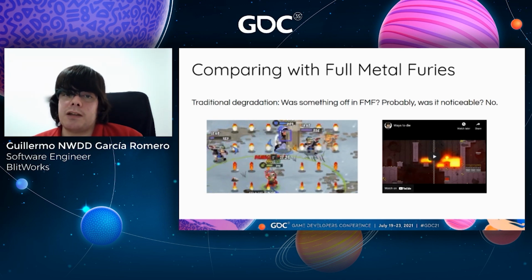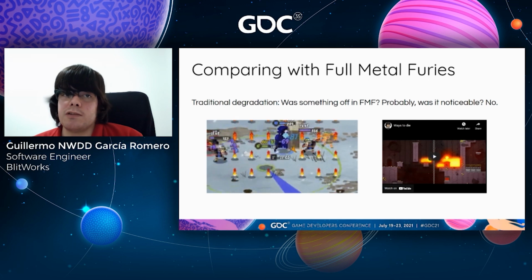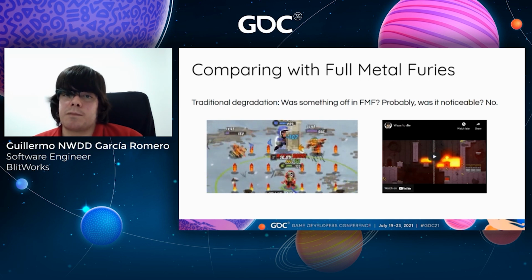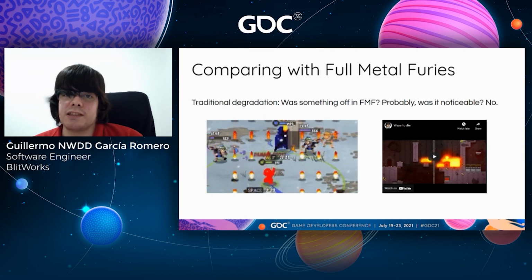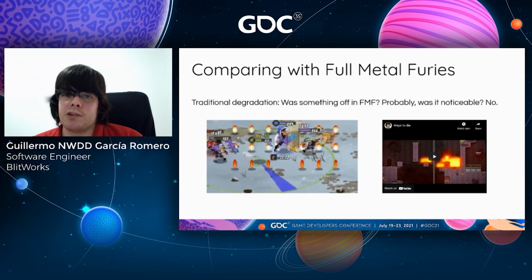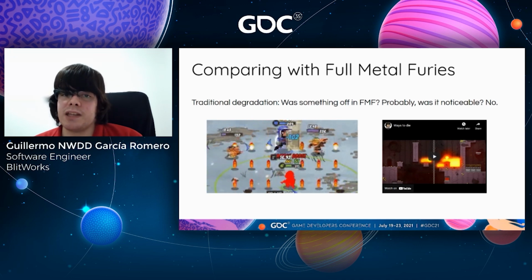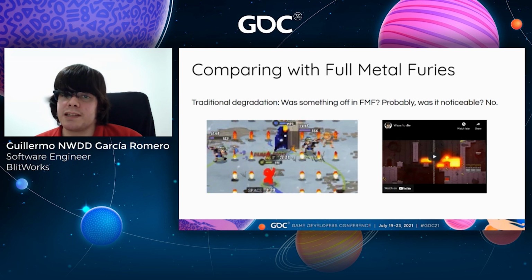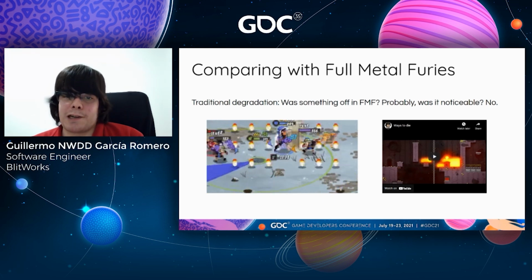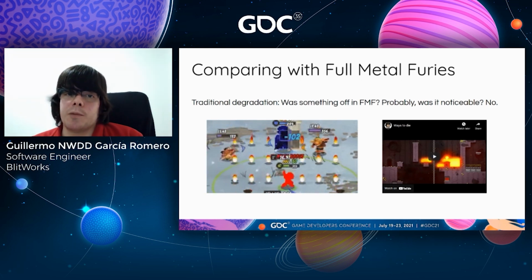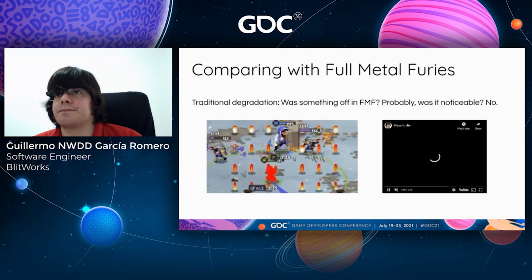In this situation, there were very bad network conditions, over 20% of packet loss, up to 1 second of jitter. You can see how a simple interpolation manages to hide all of this in a way that isn't noticeable to players in the game. It just looks great, especially when you compare that to this.